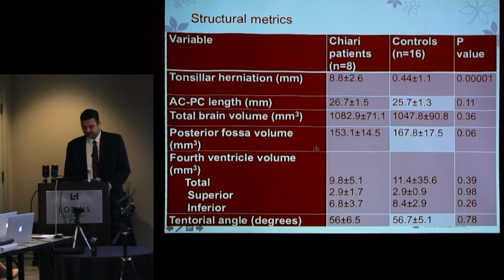When we look at the structural metrics, the tonsillar herniation was the only significant association that differentiated Chiari patients from controls. Other metrics, including ACPC length, total brain volume, and posterior fossa volume, were not statistically significantly different between the two groups.